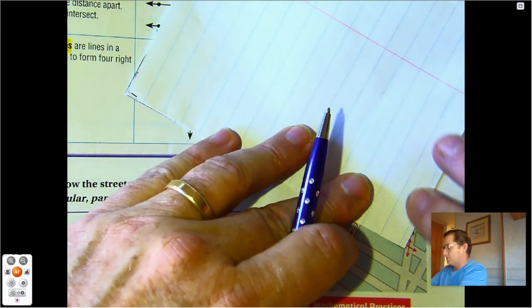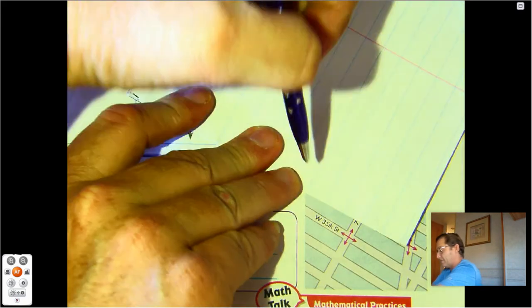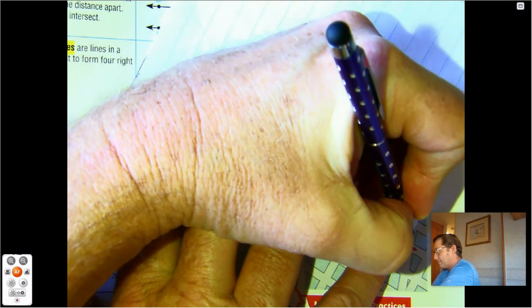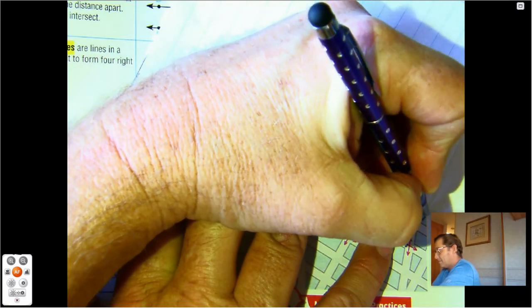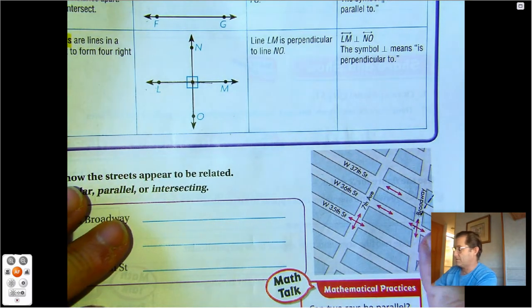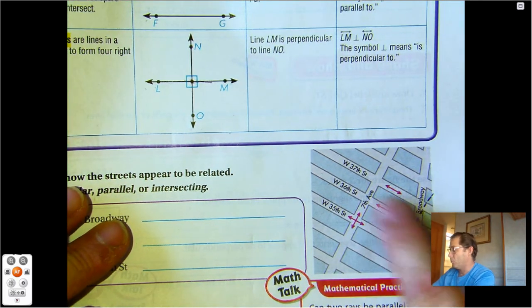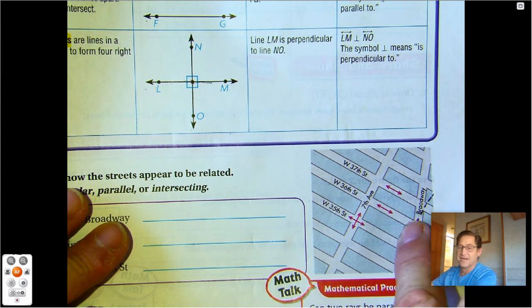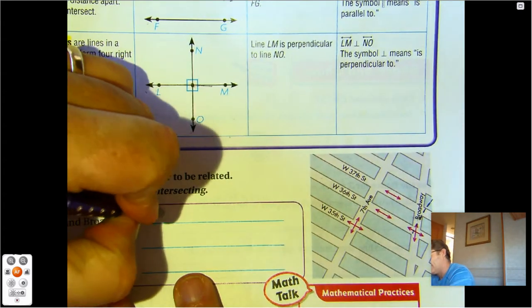Right there, I'm lined up with 36th Street. If Broadway was perpendicular to it, it would form a right angle. Broadway would be right over here. So this is not perpendicular. It is intersecting.